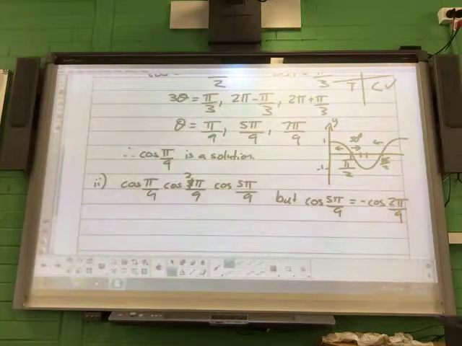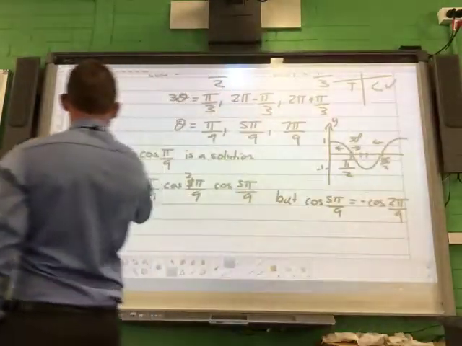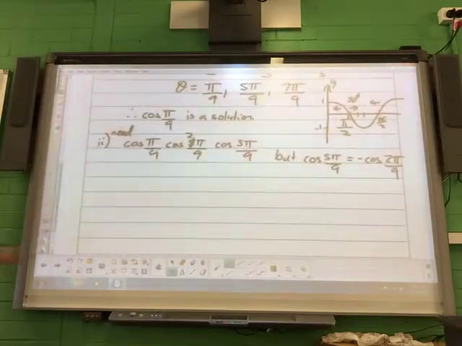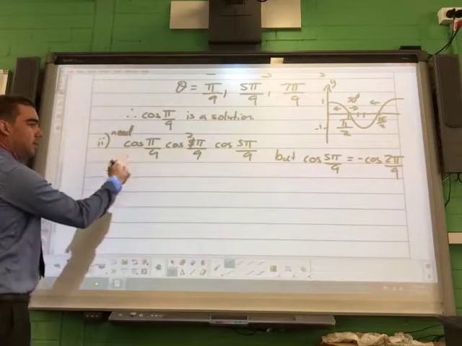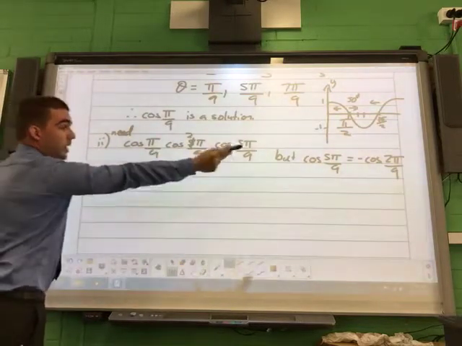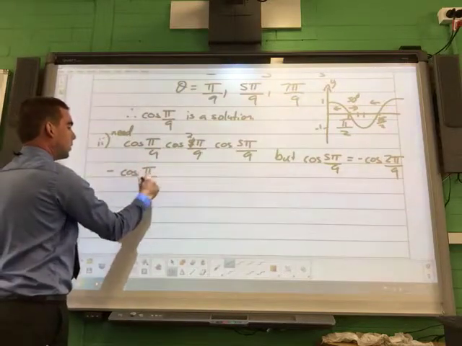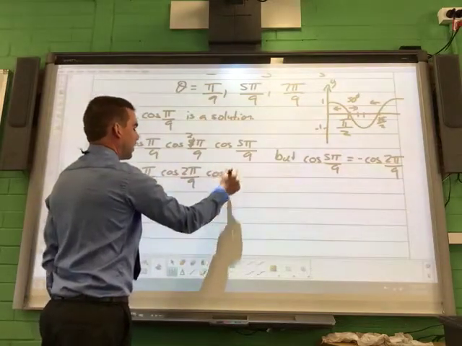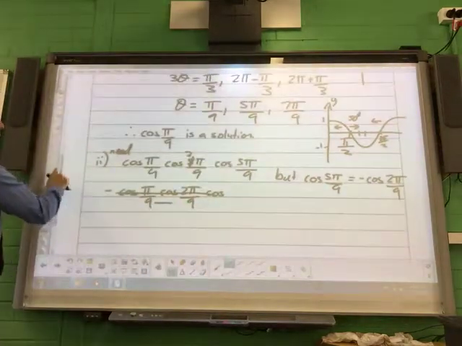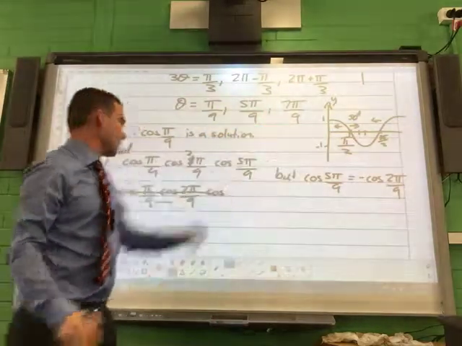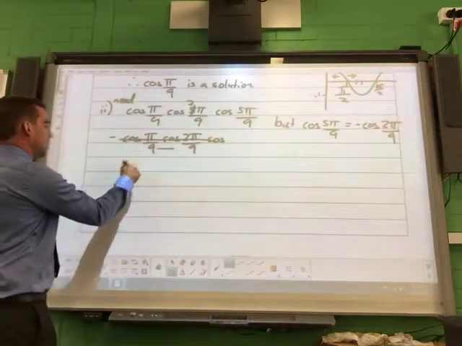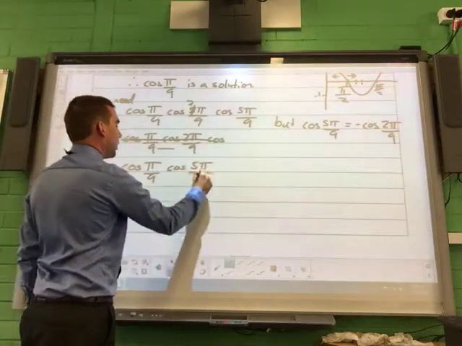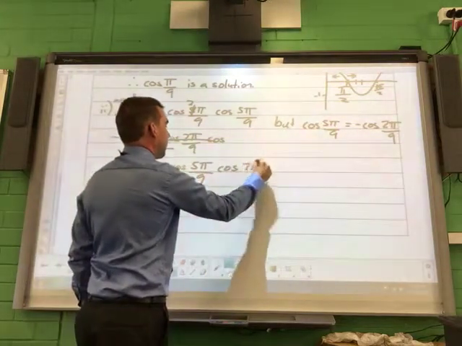So that's what I need. Alright, so negative cos, just putting that minus sign right at the very front, cos of pi on 9, cos of 2 pi on 9. Let's do it more formally, with my roots. So these are my 3 roots here: cos of pi on 9, cos of 5 pi on 9, cos of 7 pi on 9.